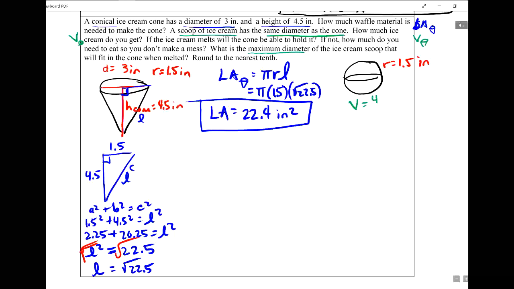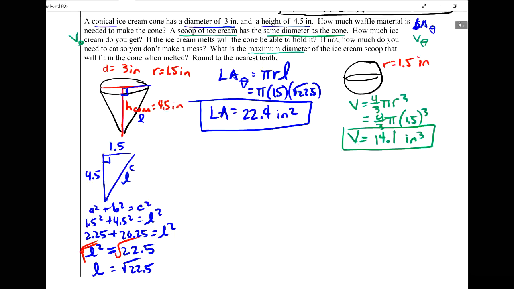Volume of a sphere is 4/3 pi r cubed. Substitute in 4/3 pi 1.5 cubed. That just goes into the calculator. The volume is 14.1 inches cubed. That's how much ice cream we get.